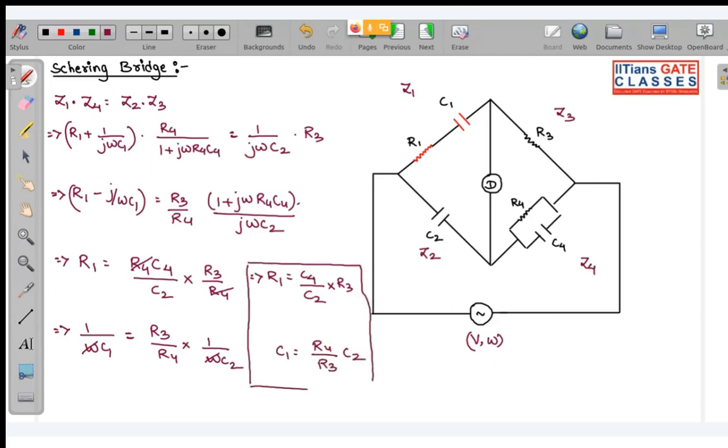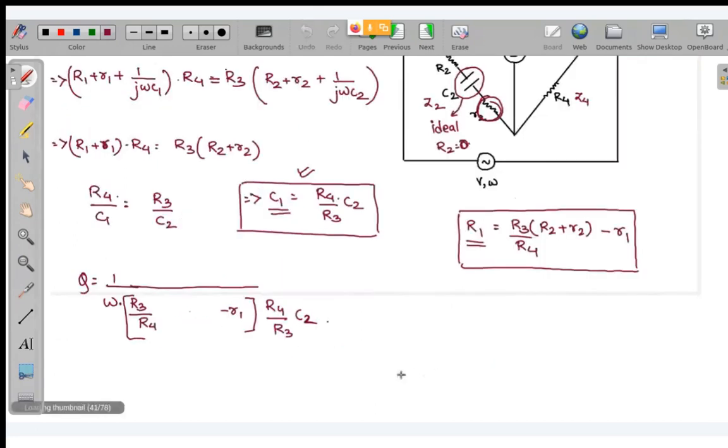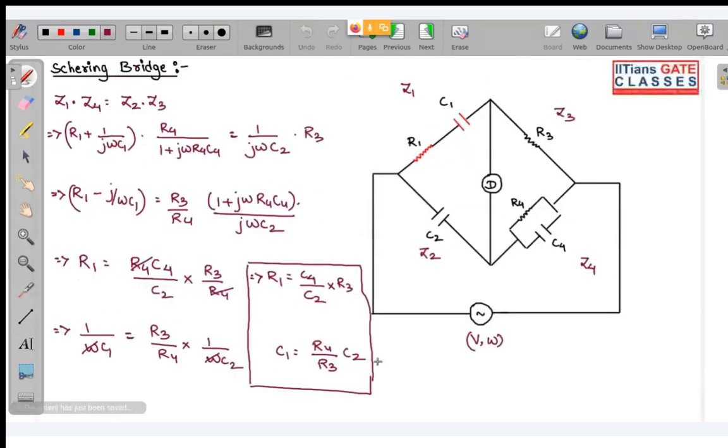See, now we can very easily calculate quality factor also. Previously, quality factor had a lot of terms over here. But now, calculation of quality factor is 1 by omega R1 C1.